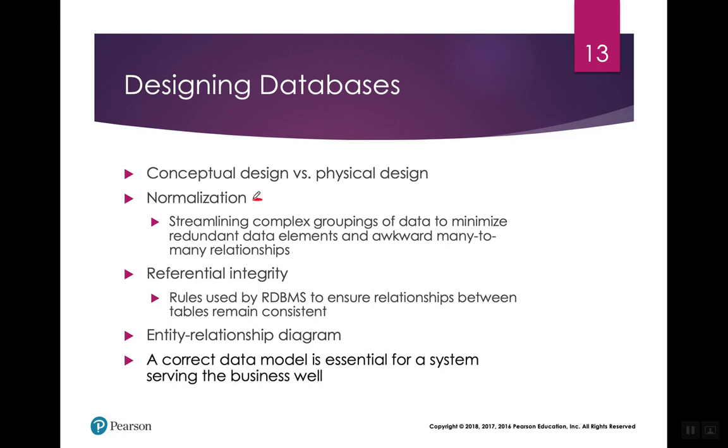Normalization is where we take a bunch of data elements, we organize them, and then we do an iterative process where we restructure it, and it goes through different cycles. Each cycle is called a form, like a normal form. I think there are 7 normal forms out there. You need to get to at least 3rd normal form before you have a working database.